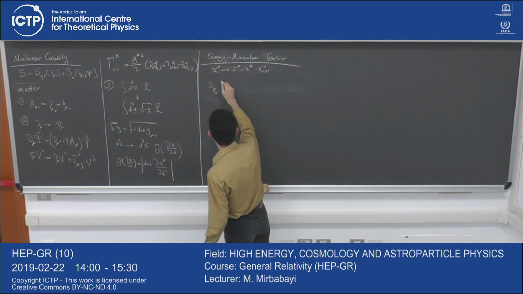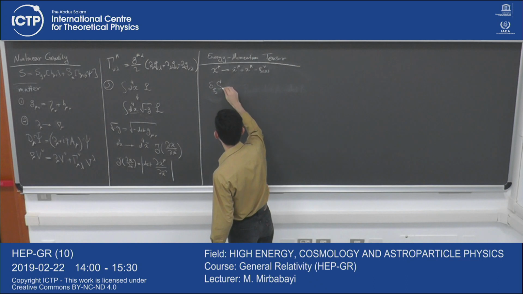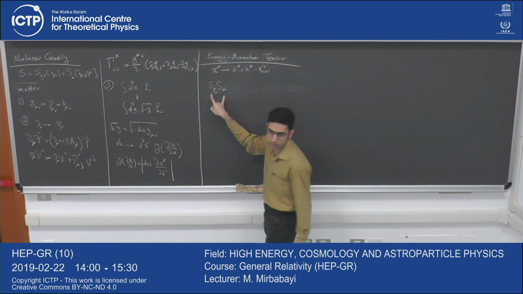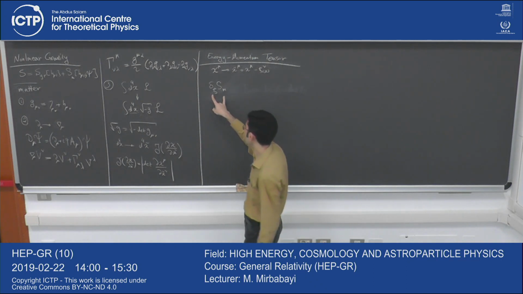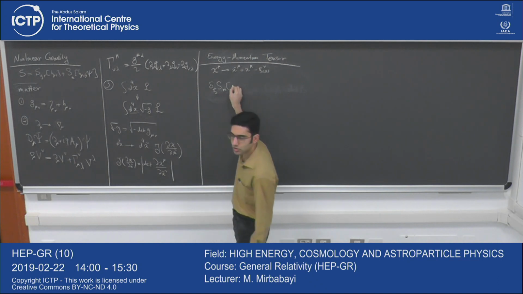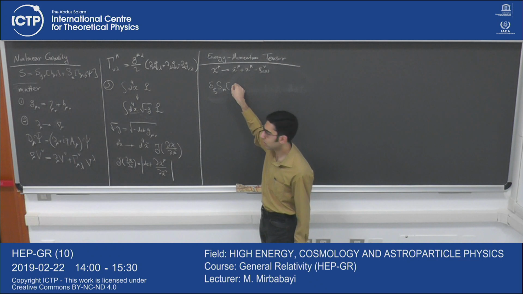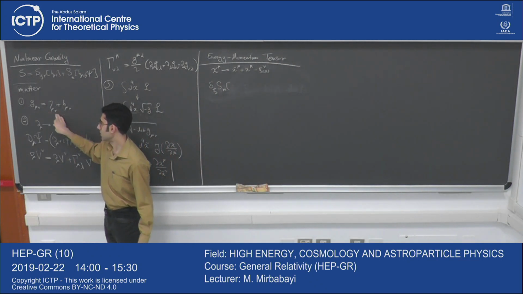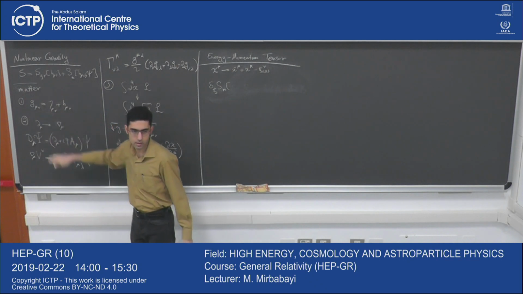So what we have constructed is some action that is invariant under this transformation. So delta xi of this S matter that we have, which depends on h mu nu. Now instead of h mu nu, I can write g mu nu, because the difference between the two is just a constant matrix.